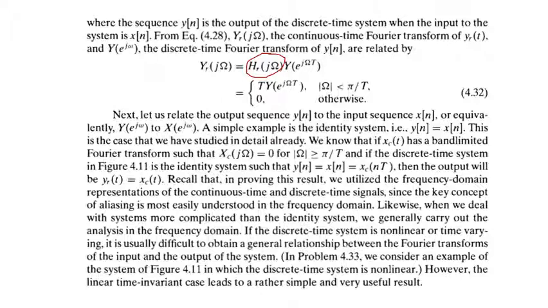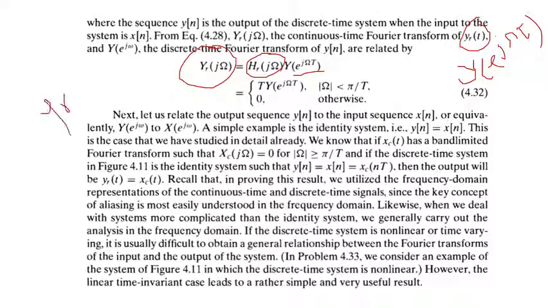So the Fourier transform of y_r(t) is Y_r(jω), because this is continuous, so it is the continuous Fourier transform. The output will be Y_r(jω).